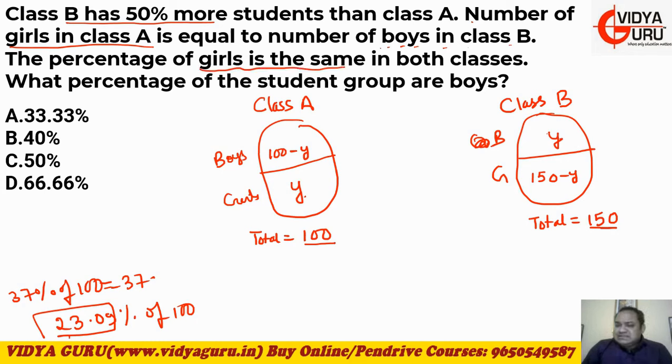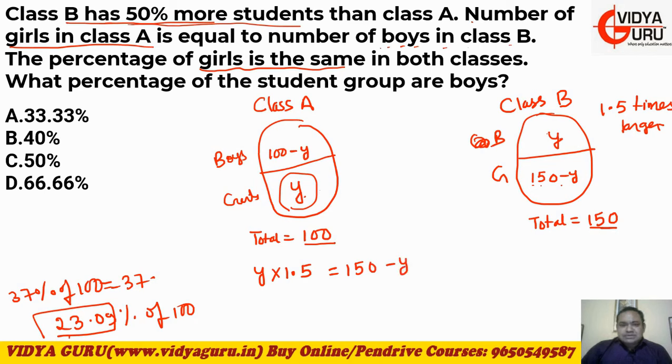If this is Y, this is 150 minus Y. If the percentage is the same in both the classes, this class is 1.5 times larger, because B has 50% more students. So Y when multiplied by 1.5 should be equal to 150 minus Y, because the percentage of girls is the same in both the classes.